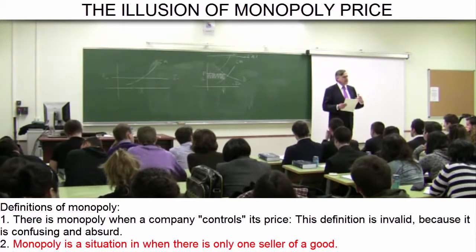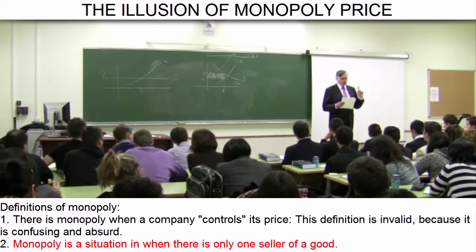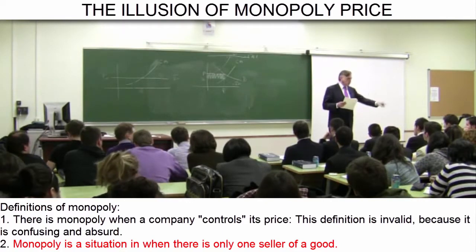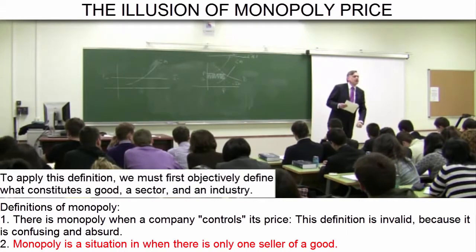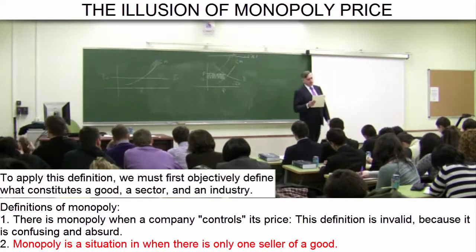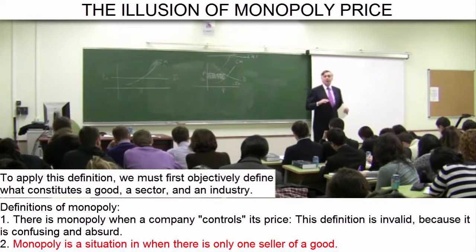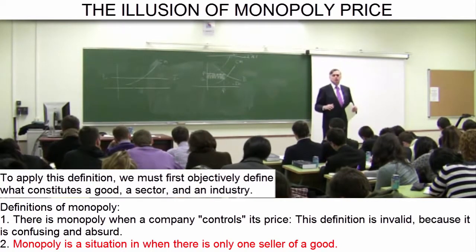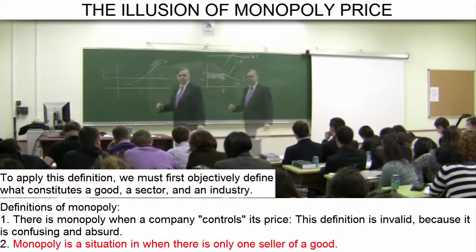Notice, the static definition is that monopoly exists if there is only one seller of a good in a sector or an industry. But I ask you, and please write this down, what is the definition of a good, a sector, and an industry? Because a state of monopoly will or will not exist depending on how you define the sector or the industry. To what sector or industry does Coca-Cola belong?